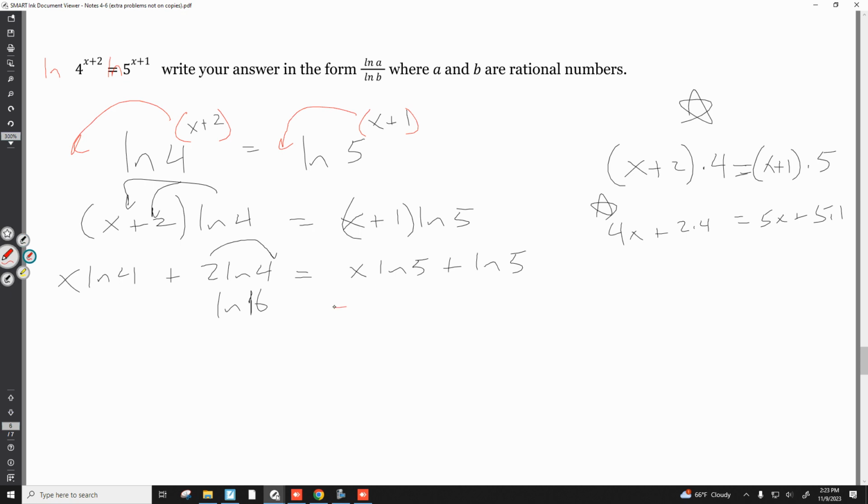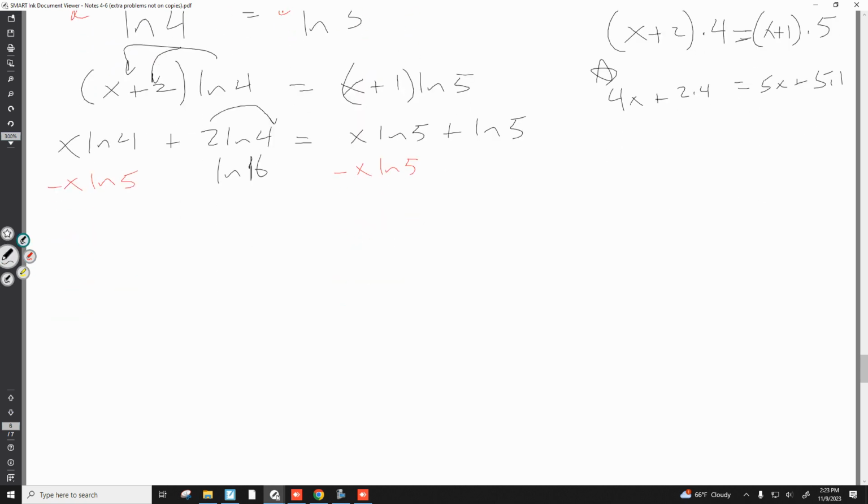I'm going to subtract x ln 5. Now, this is very confusing to some, so it's very important to pay attention. I'm going to show you what I'm going to do down on the side, and then you're going to understand why I have it. If you have x ln 4 minus x ln 5, you have ln 4 minus ln 5 x's.